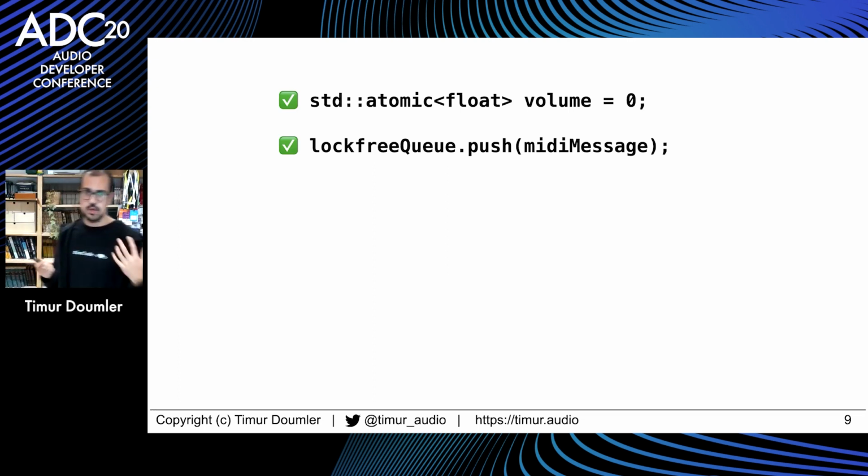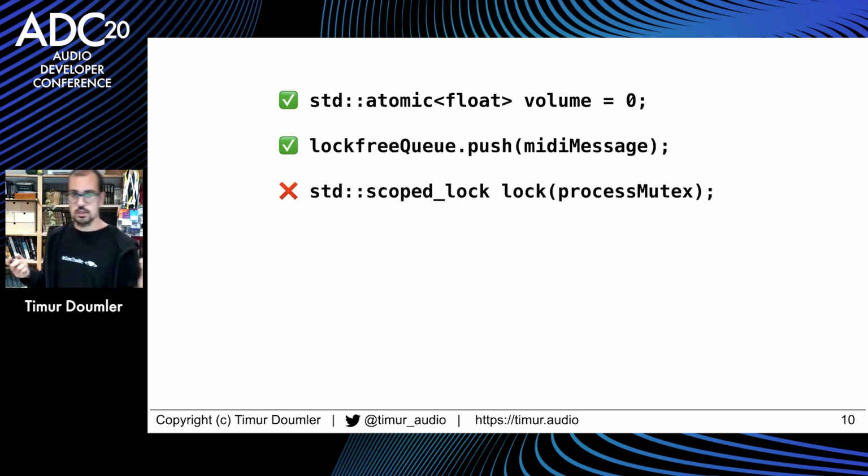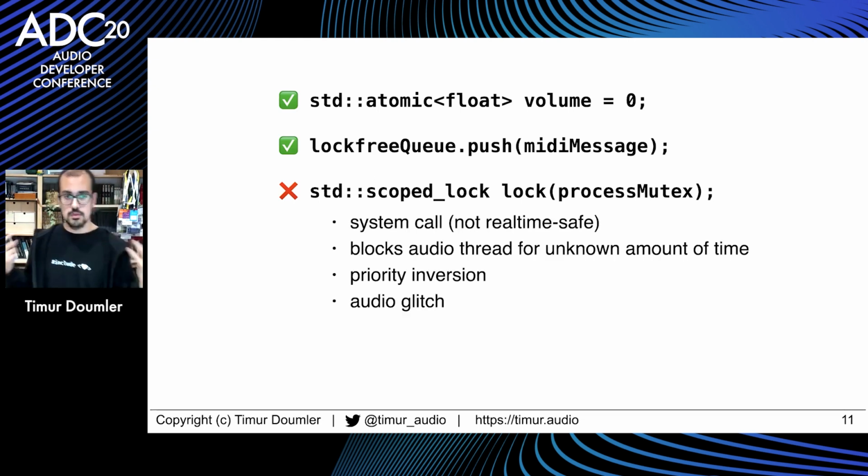And then we have this other synchronization mechanism, which I guess is the most common one for non-real-time use cases, which is locks. It turns out that this is the mechanism that is most popular with everyone else. But in audio, you cannot do that, because if you lock a mutex, that's a system call, which in itself is typically not real-time safe.